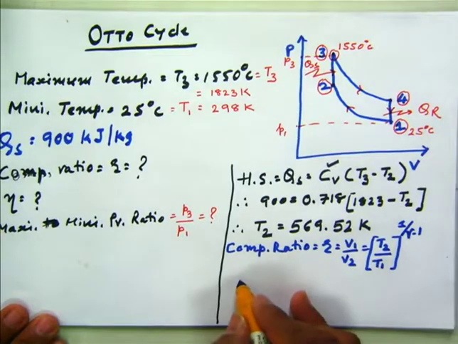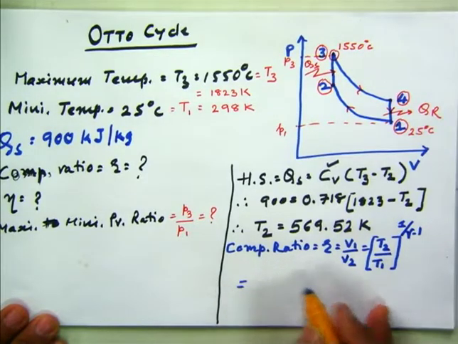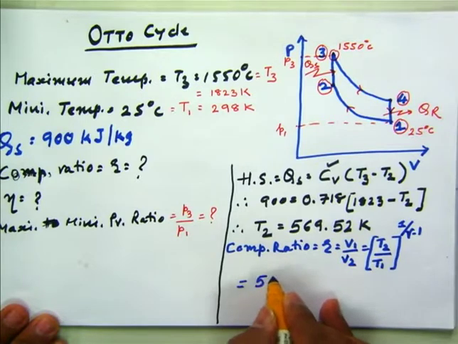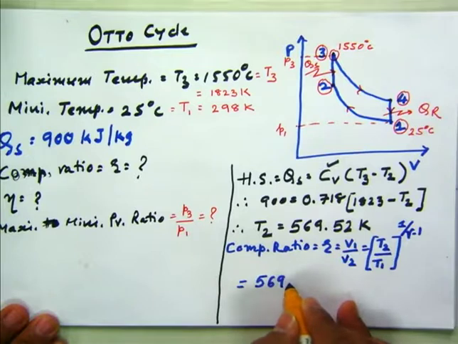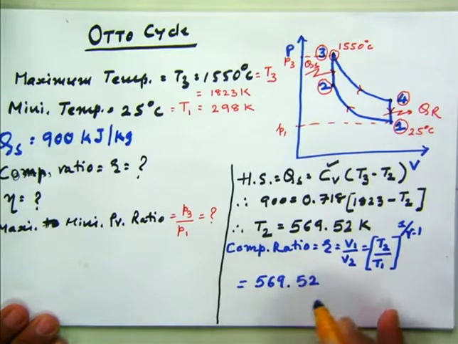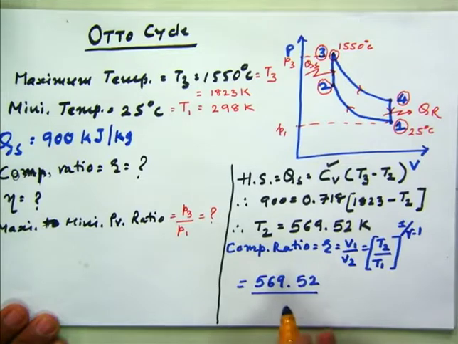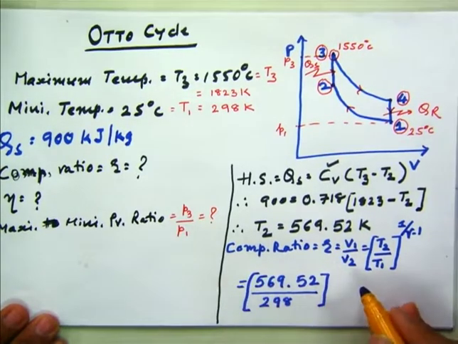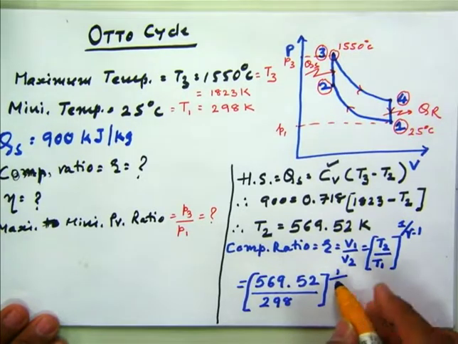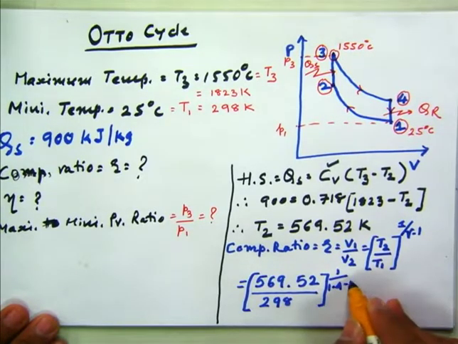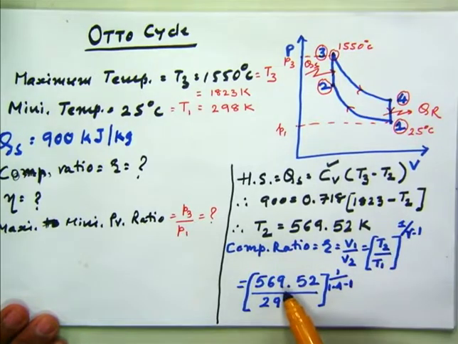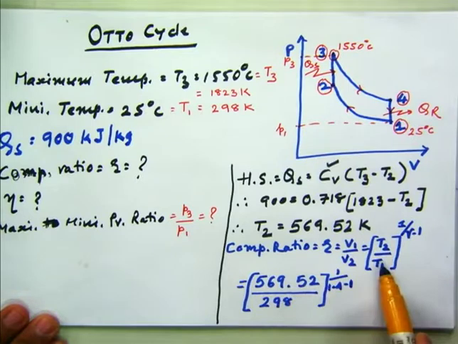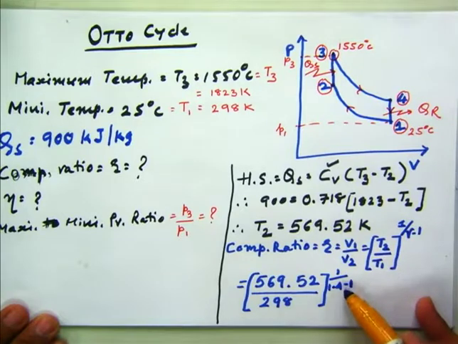Put the values: T2 is 569.52, T1 is 298, raised to 1 upon 1.4 minus 1, where gamma is given as 1.4.